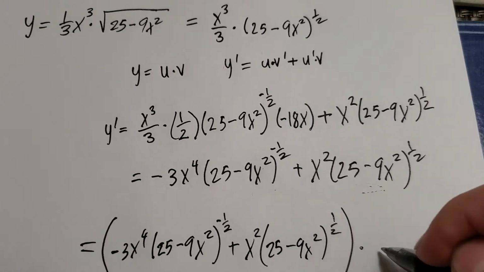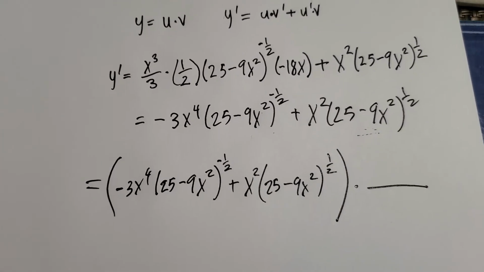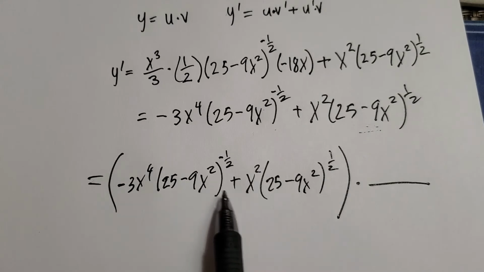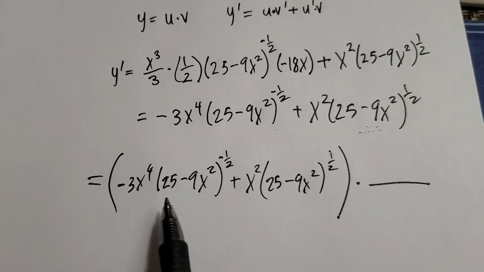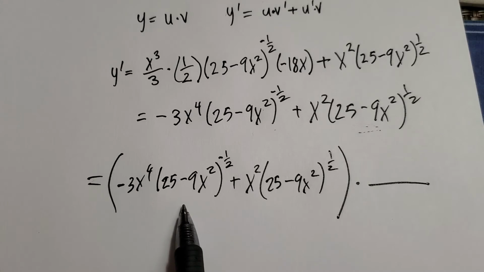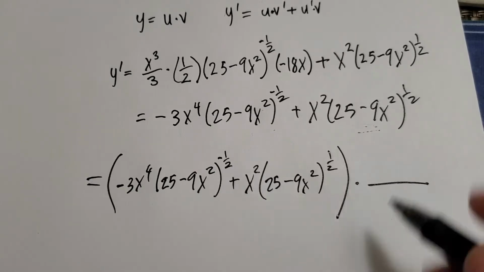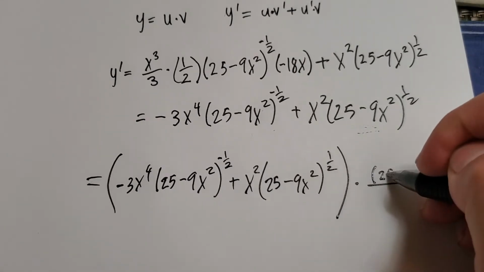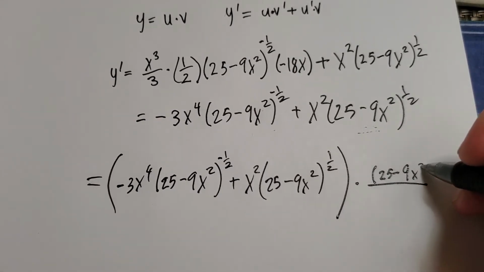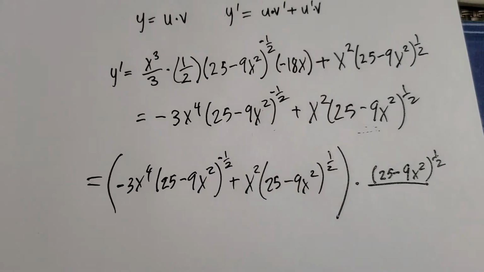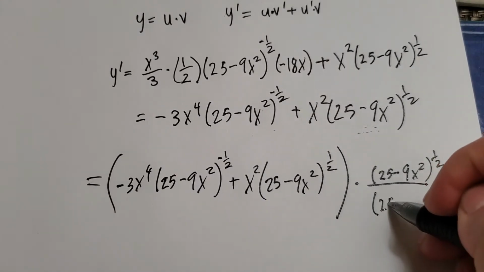So here's what we're going to multiply. We're going to take the same base that we see here and here, but raise it to the positive power, the opposite of the negative exponent. The negative exponent here is negative 1/2. So we're going to multiply everything by 25 minus 9x squared to the positive 1/2 over itself.